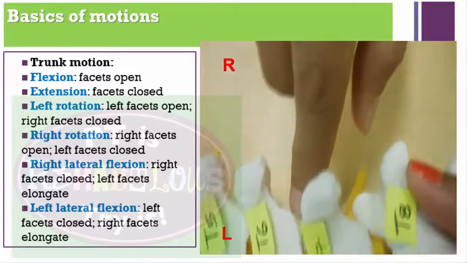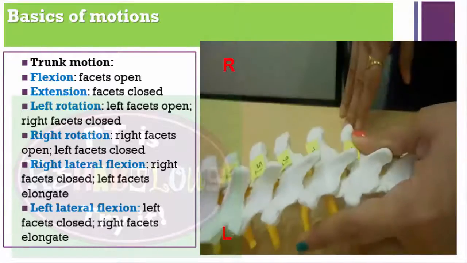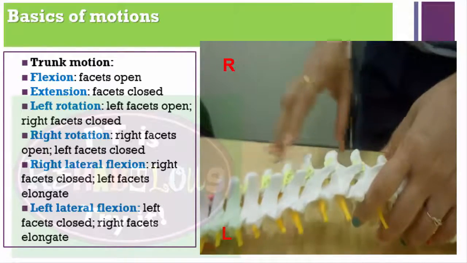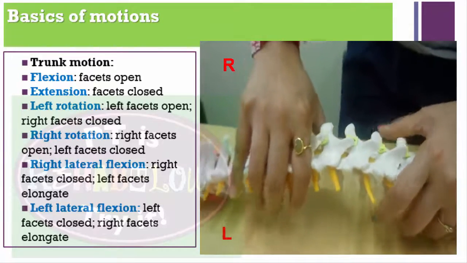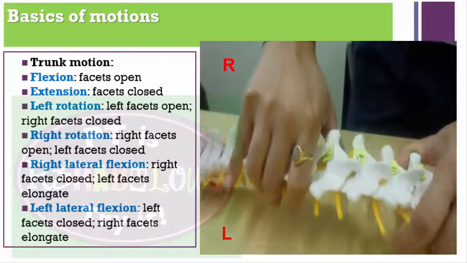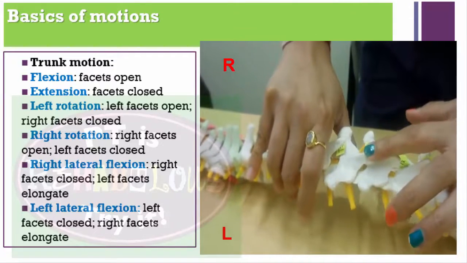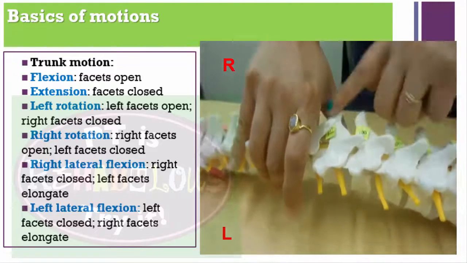And let's take right lateral and left lateral flexion. If we are doing lateral flexion or side bending, at that time we can notice the same side bending and opposite side rotation, at the T8 and T7 level.